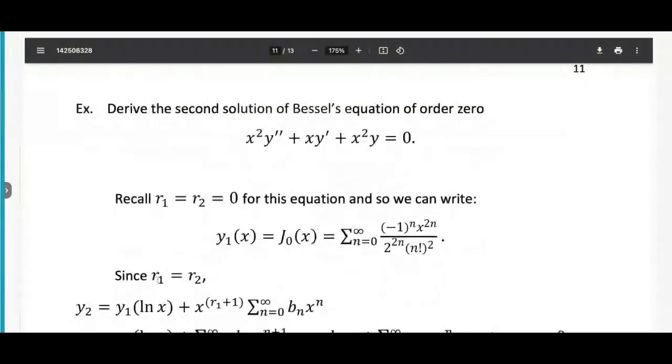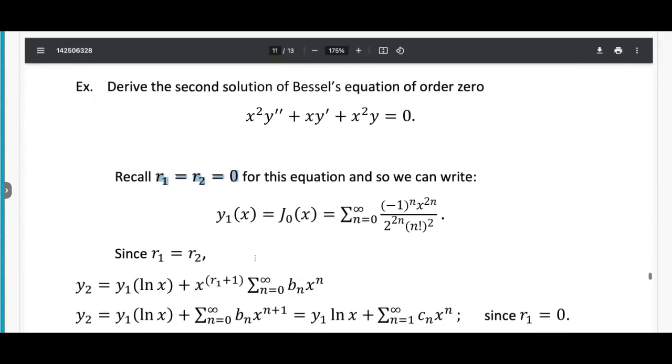Let's see some examples. We want to find the second solution of Bessel's equation of order 0. Recall r1, r2 equals 0 for this equation, which we did before.